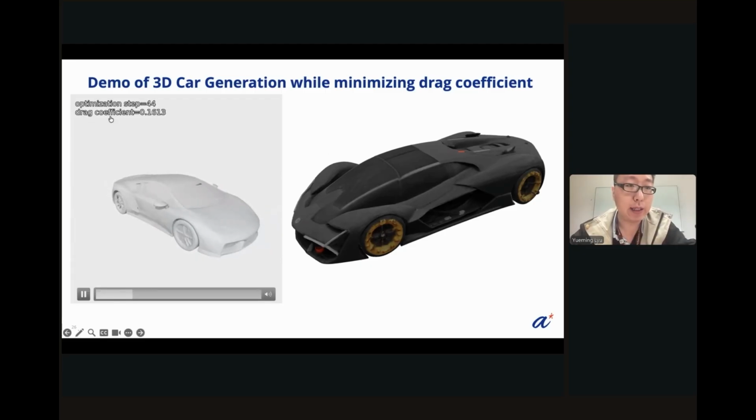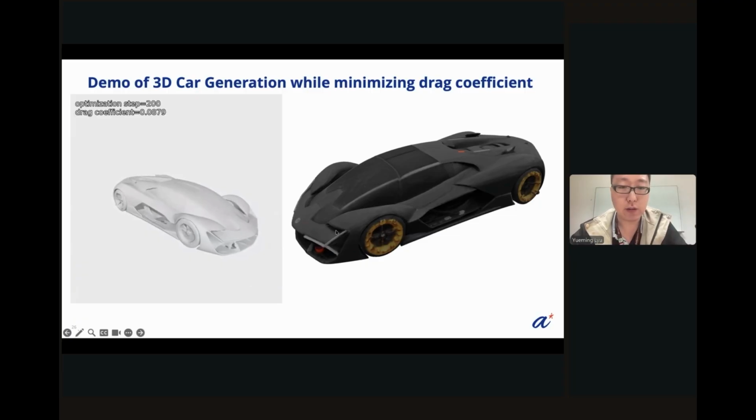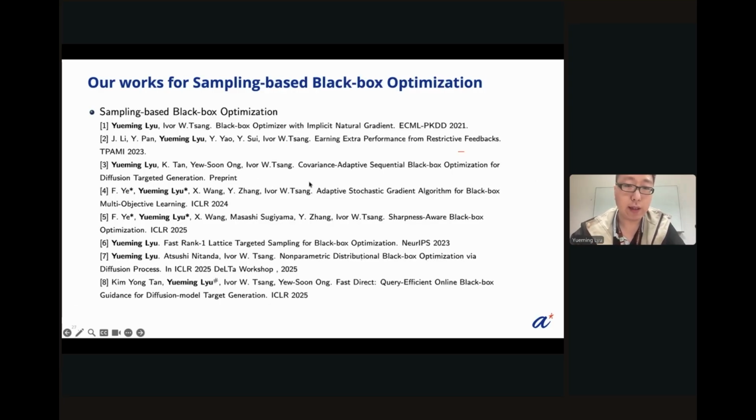The target is to minimize the drag coefficient. As the optimization iteratively updates, the car shape changes. Okay, here's some work for our black box optimization.